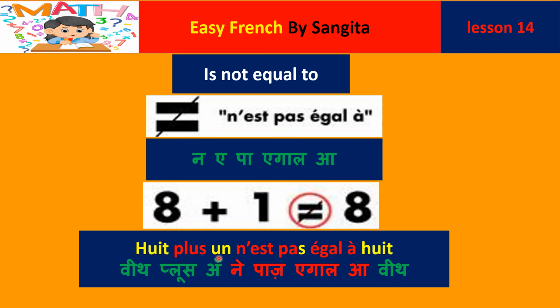If you are a beginner, don't worry about that. You just simply say huit plus un n'est pas égal à huit. Simple. But if you want to go into detail, then you can say it with the link. Both are correct.